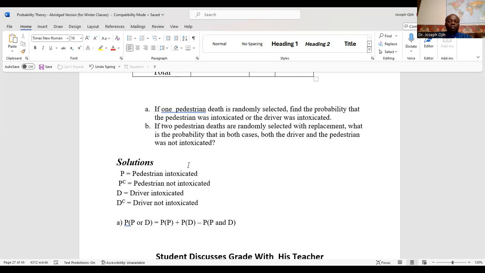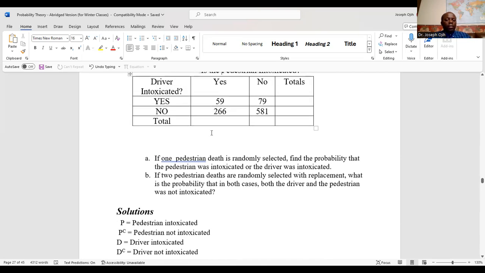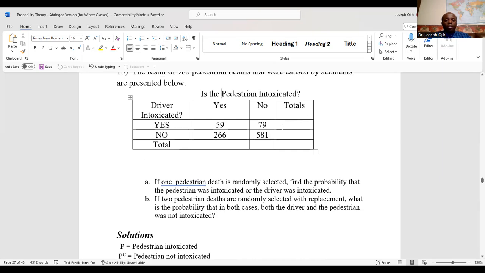Yeah. So now let's see. First thing to do is to get the totals for all of this. So I'm going to write this down. I'm going to do the first one, 59 plus 79.